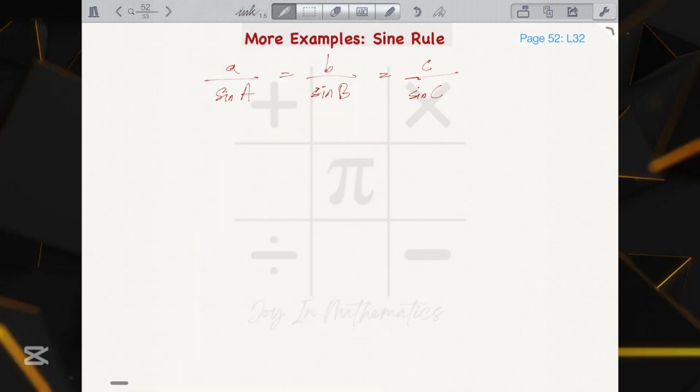The question says in triangle ABC, we are given that A is equal to 7.1 centimeters, B is equal to 9.5 centimeters, and angle B is equal to, let's say, 63 degrees.